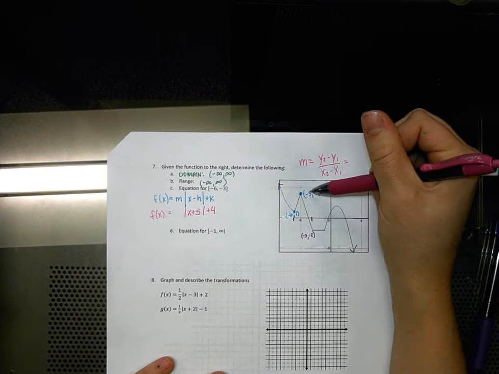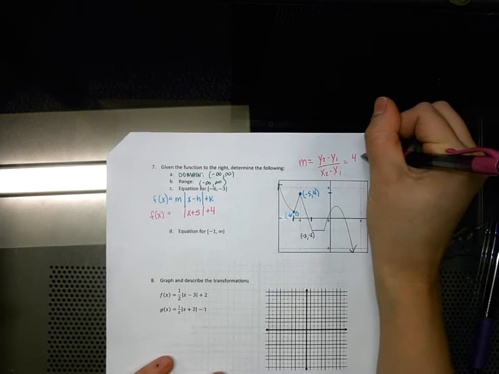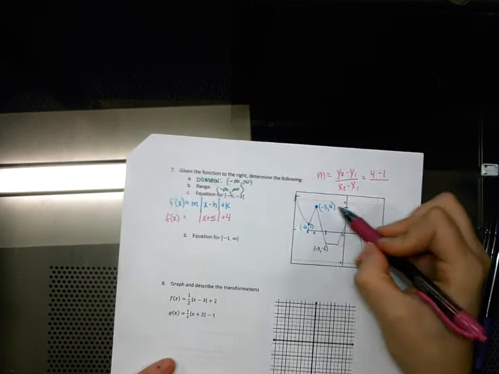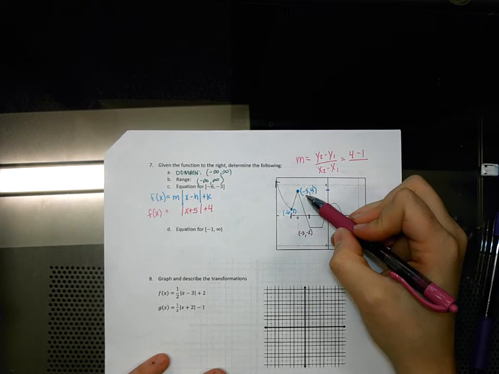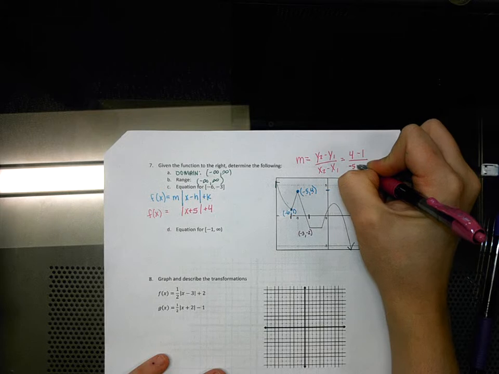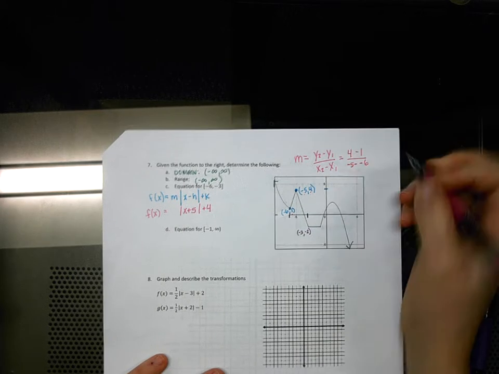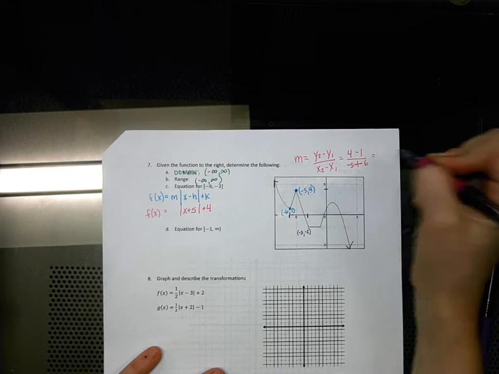My y2 is 4. My y1 is 1. My x2 is negative 5 and my x1 is negative 6. So when we subtract a negative, that's the same as adding the positive.